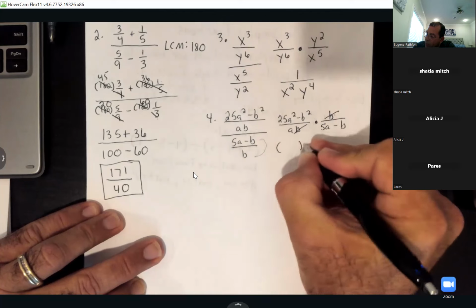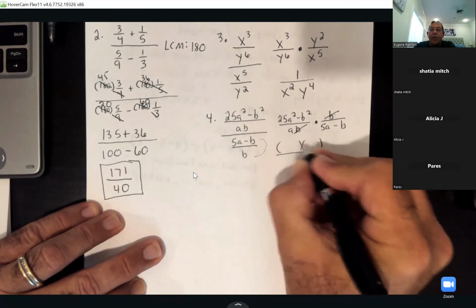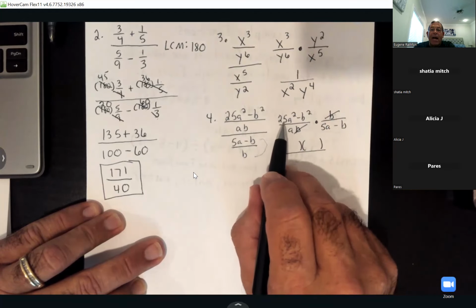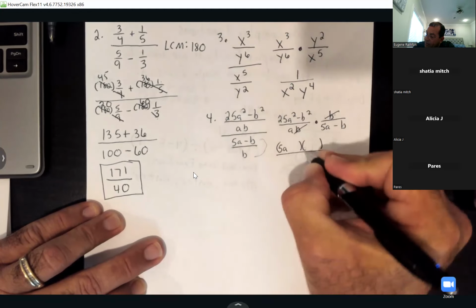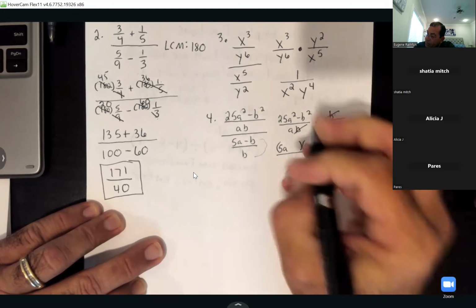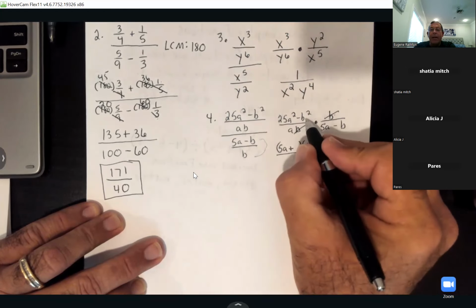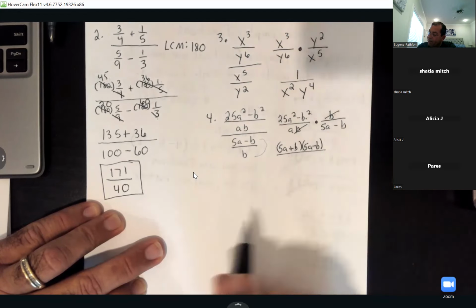And we know perfect squares are always factored into conjugate pairs. So the square root of 25a squared would be 5a. So that's going to put a 5a in each parentheses. One will be positive, one will be negative. And then b squared puts a b and a b.